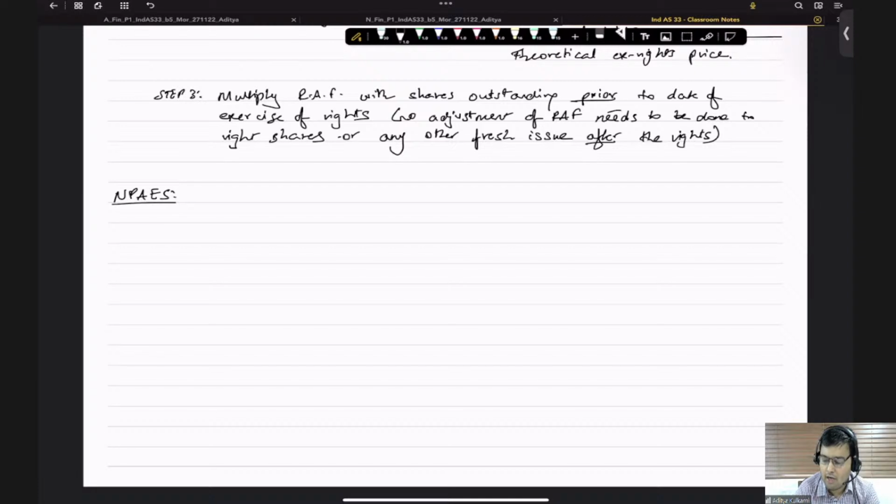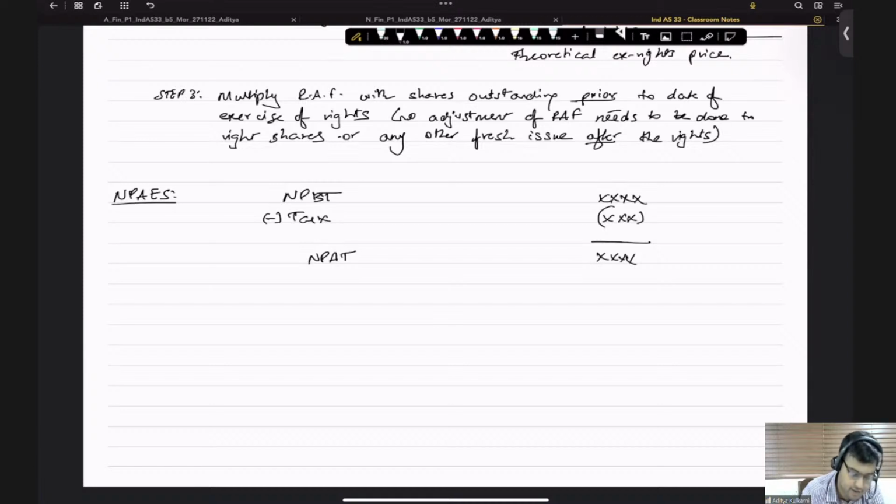When I talk about net profit attributable to equity shareholders, what do I mean? It means net profit before tax. From here you deduct the tax, so that gives you net profit after tax.